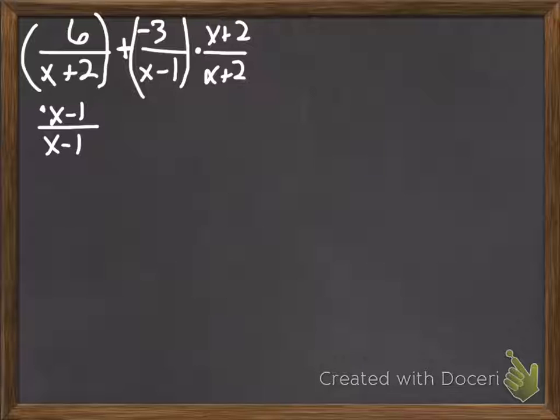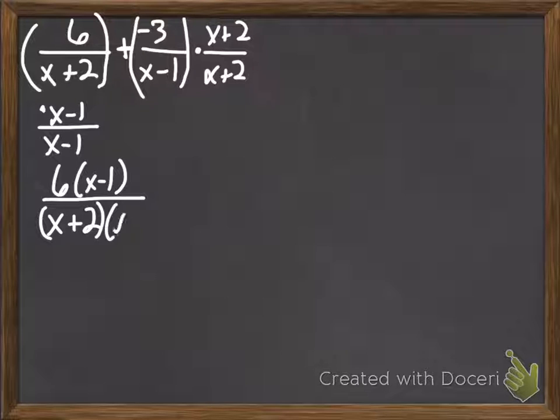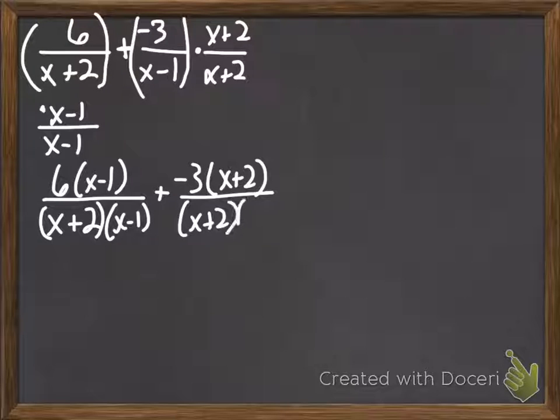So once we do that, we get 6 times x minus 1 over x plus 2 times x minus 1 plus -3 times x plus 2 over x plus 2 x minus 1. So you see we get a common denominator now.